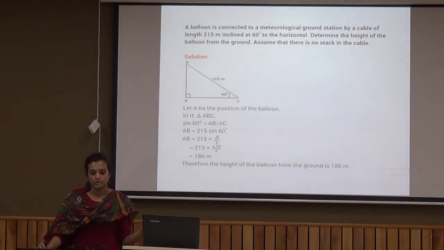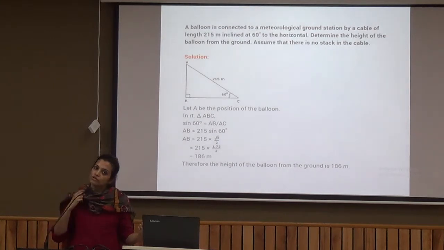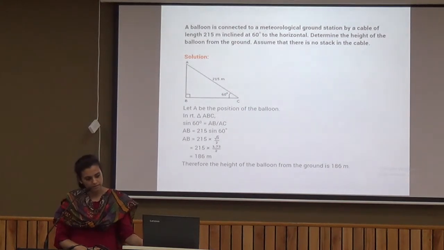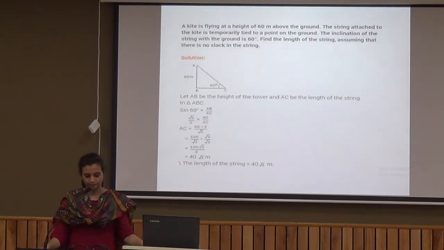If the hypotenuse is given and you need to find the height, that is, h is given and you need to find p, so which trigonometric ratio are we going to use? Yes, sine theta. So sine 60 is going to be AB upon 215. Putting in the value of sine 60, which is root 3 by 2, you get the answer. That's pretty simple. Let's move on to the next example.